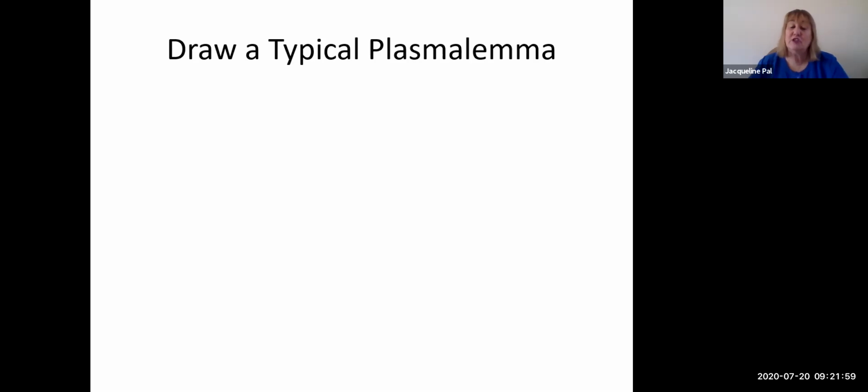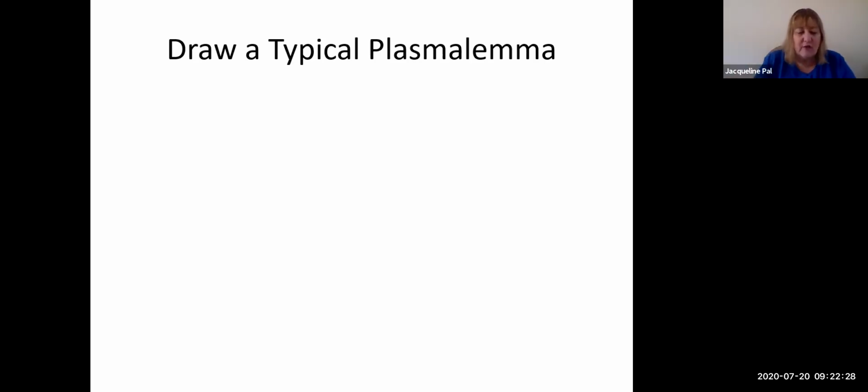Okay, so how'd you do on that? Yes, I normally do this in class, and as I'm walking around looking at what people did, I notice that about 20% of the class will have drawn something like this. This is not a plasma membrane. Some of you who drew this then realize, oh yes, I made a mistake, so you start trying to draw a plasma membrane where you can't see anything because you drew it wrong.